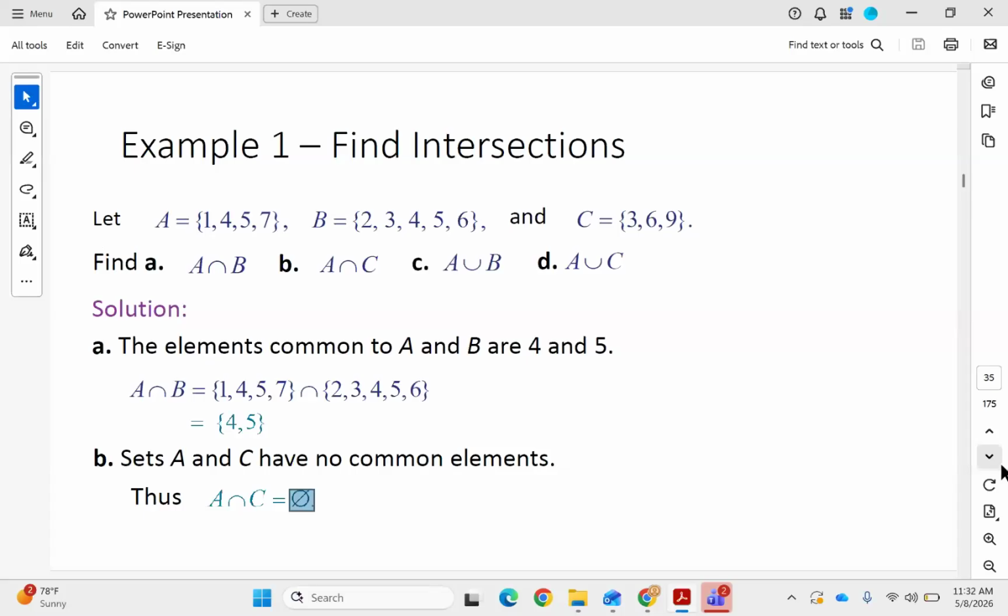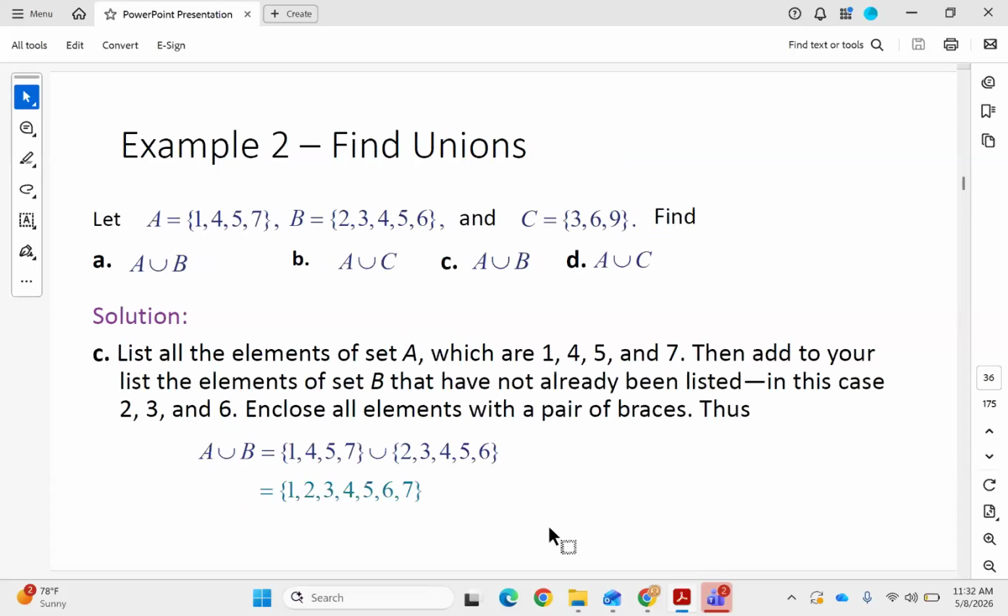So if something is already counted, we don't need to count it again. Notice that 1 would be part of the union, and then 2 as well. 3 because it's on the right. 4, even though it's on both, we count it once. 5 is on both, we count it once. 7 and then 6 as well. So it's kind of like a sum, but we don't repeat elements.